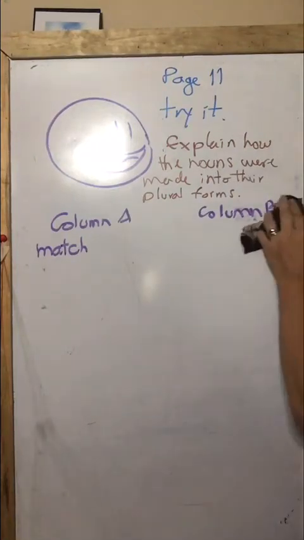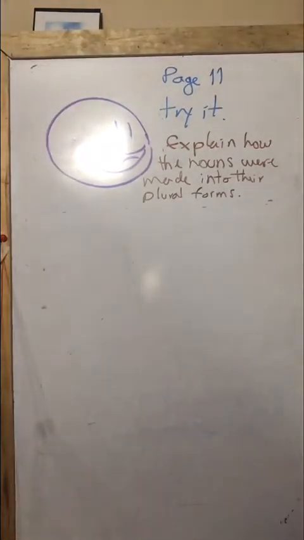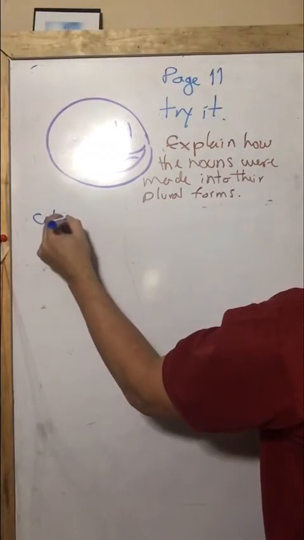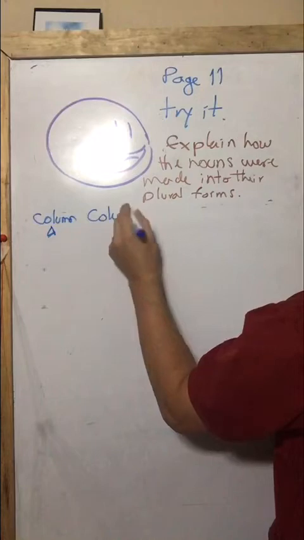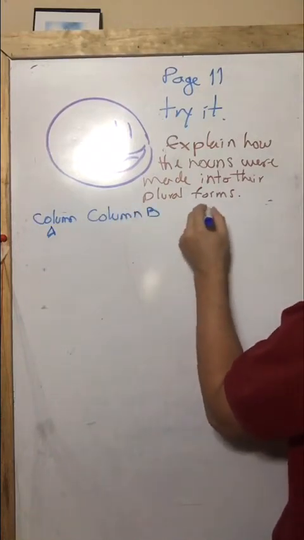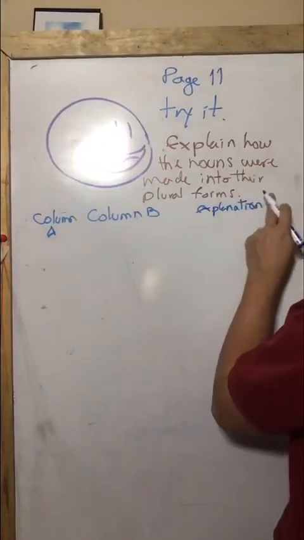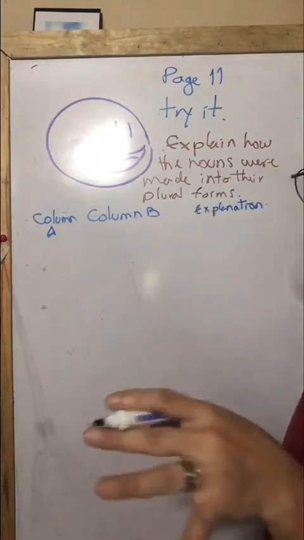Columns need a little less space. We have column A, column B, and then explanation.